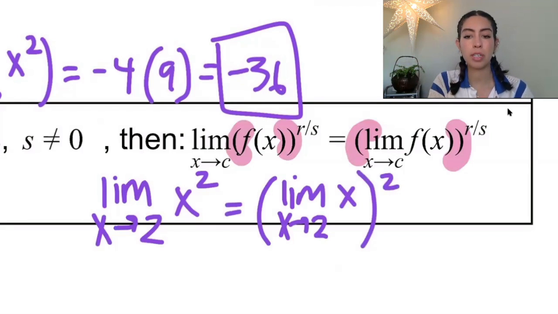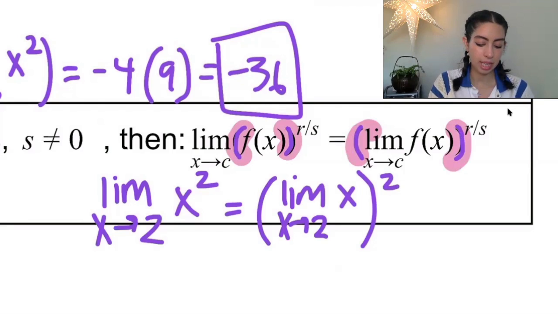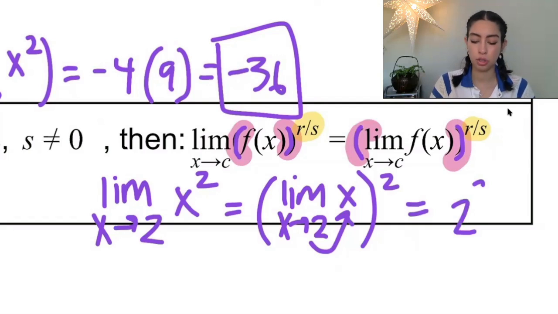That's what this property is saying, if you see the way that the parentheses are written and where the power is. And so to solve this, we would just use that theorem. The limit as x approaches 2 of x is going to be 2, and then 2 squared is 4.